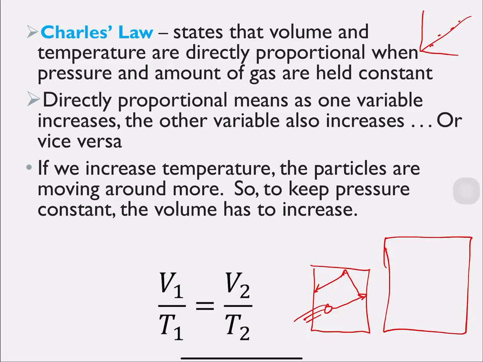So if we make the volume bigger, now as it's moving faster, it takes longer to get to here and to get to here and to get to here. And so because it doesn't strike the container as often because it has further to go, it would decrease the pressure.